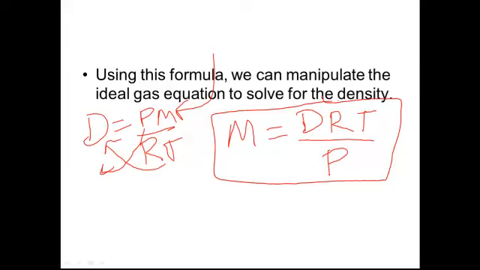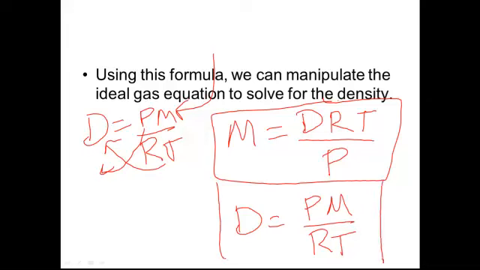And then by dividing by P, we get this equation. The molar mass of a gas is equal to the density of the gas times R times the temperature divided by the pressure. And so these two equations together are two important equations in terms of understanding the gas laws. Remember, the way I remember the density equation is nighttime over right time.